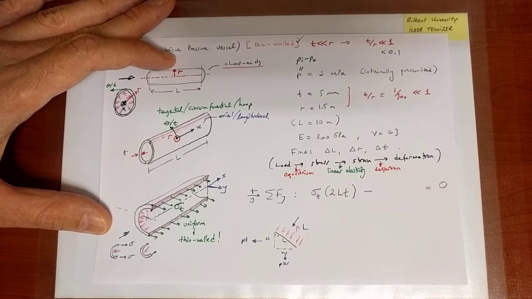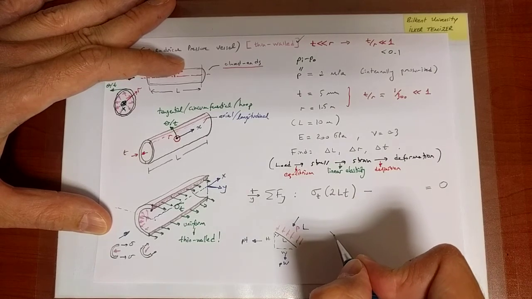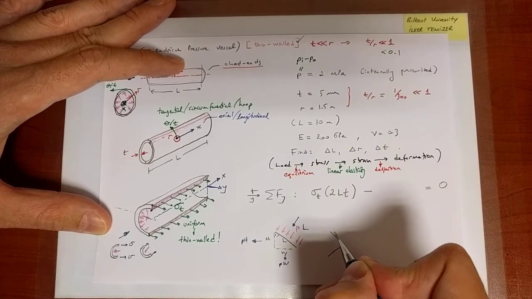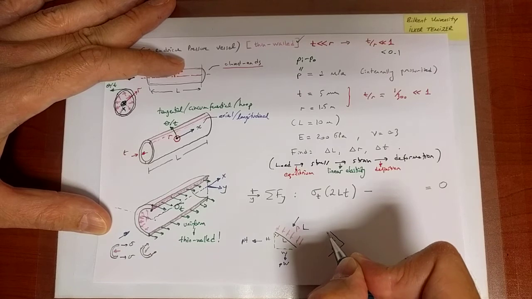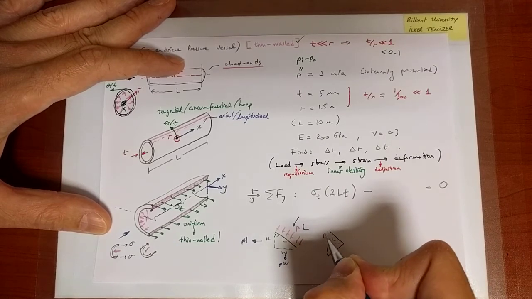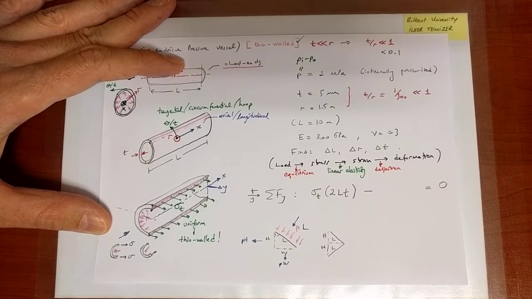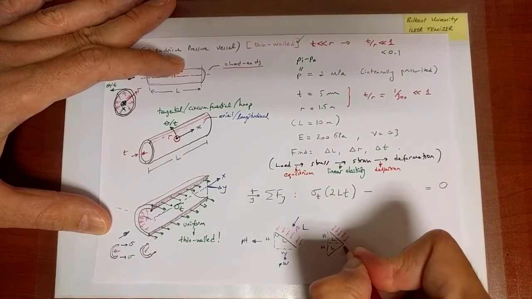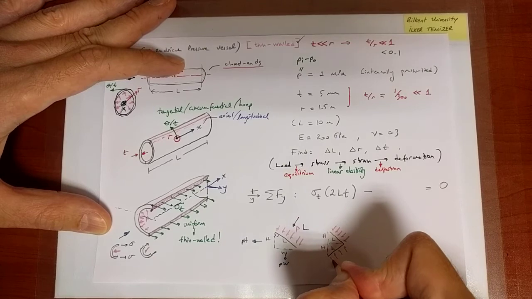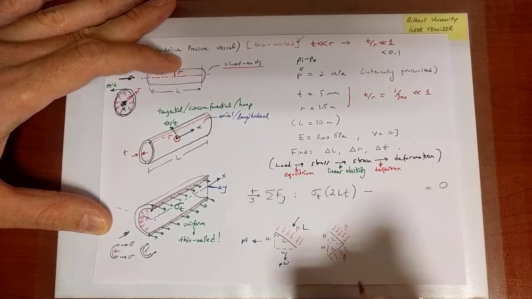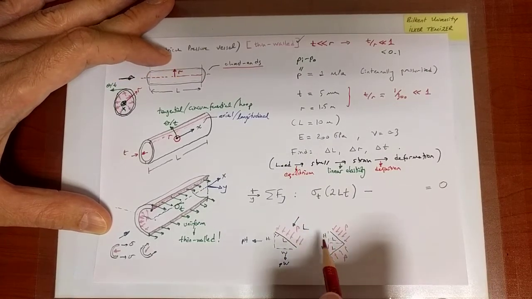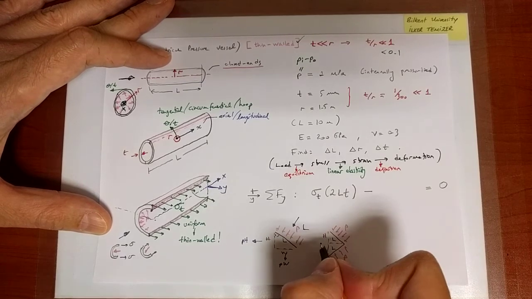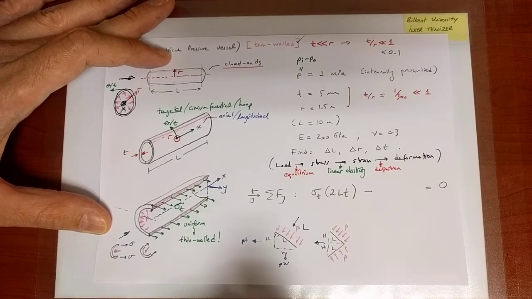So the next question I'm going to ask is, suppose I had an inclined surface like this, and this is L, and this is L, and this is H, and that is H. And the question is, if I have a pressure acting on these surfaces, well, what is the net force along this direction? Okay.